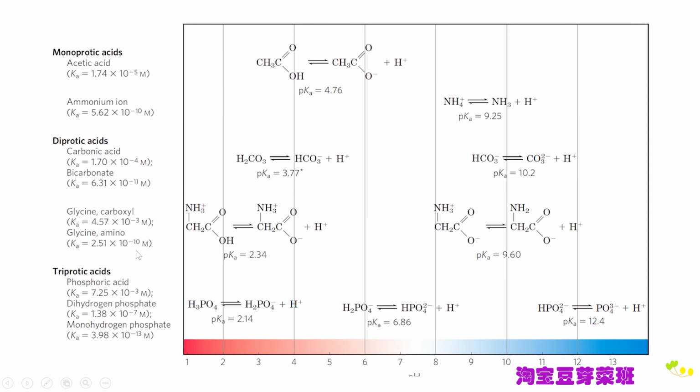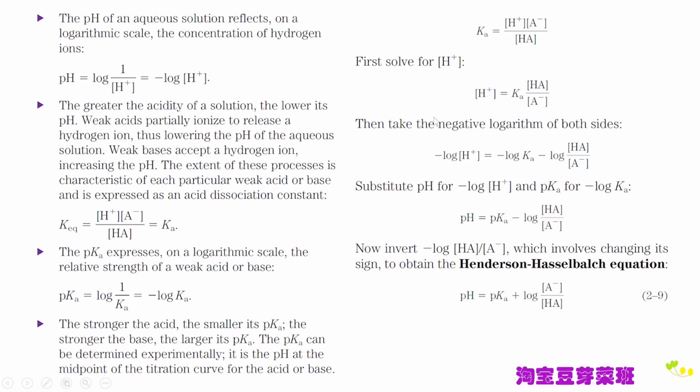Let's look at the diagram of the relationship between the pH and pKa. We can see from the diagram that as the pH decreases, the pKa also decreases, which means as the pKa is getting smaller, the acidity of the solution is getting stronger. Let's solve for the Henderson-Hasselbalch equation. We start from the Ka value, do a rearrangement, and add log on both sides.